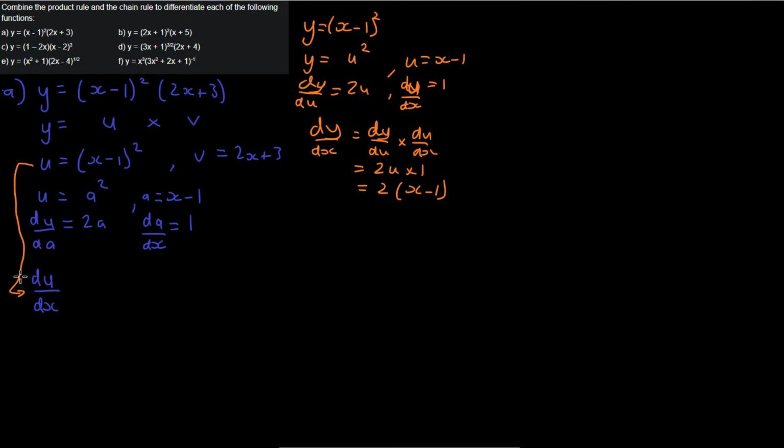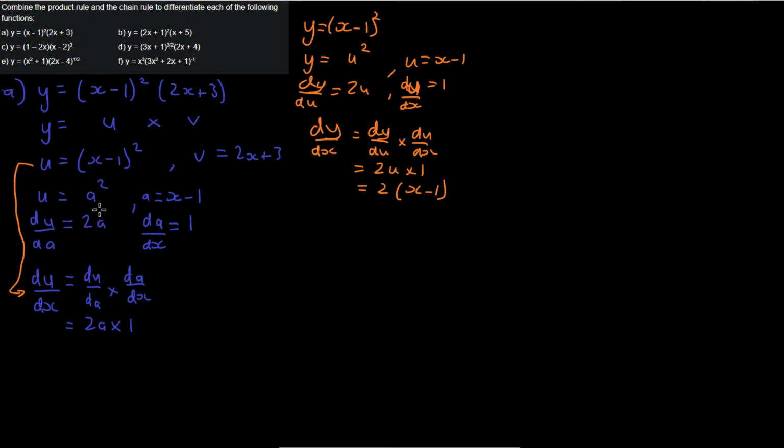So finally, we can work out what du/dx is. And that will be du/da times da/dx. What is du/da? That is 2a, and da/dx is 1. Oh, one more thing. You might notice in our chain rule, usually you see it written as u, the function that you've identified as a function of a function. But because the product rule already uses u, we can't say u equals u squared.